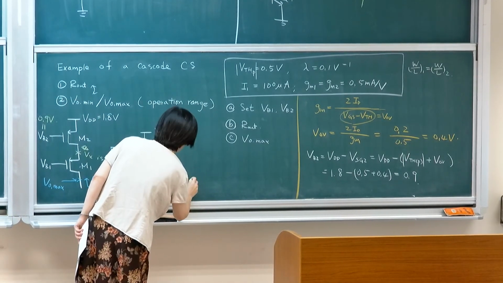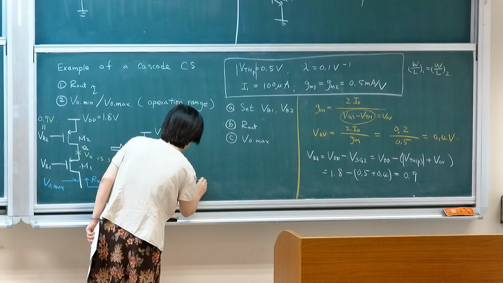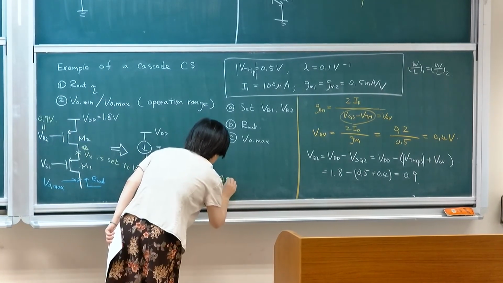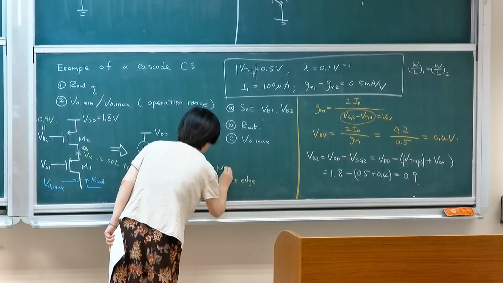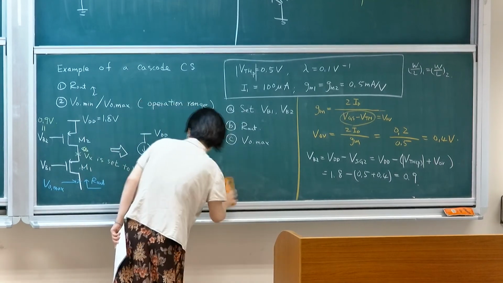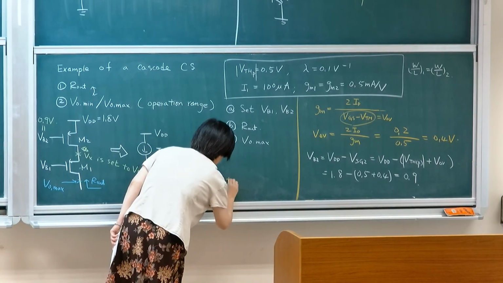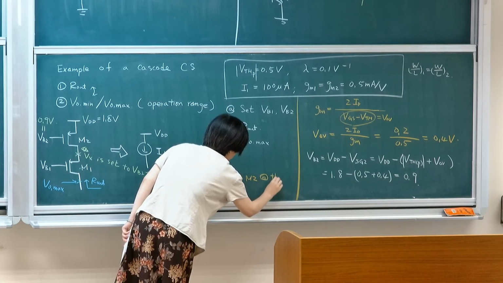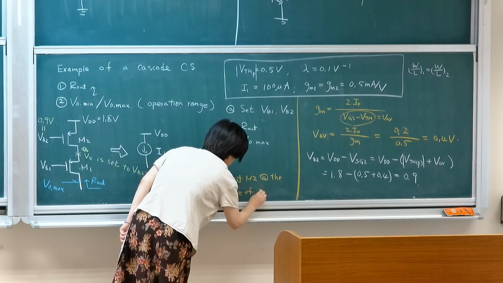So it will be 1.3. Did I get it? 1.4 volts, sorry. You want to set it to 1.4 volts, so that M2 is at the edge of saturation.